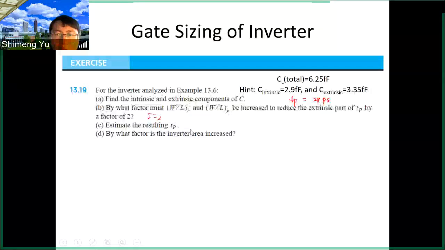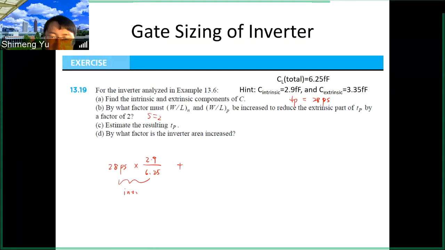So how do we approach this? First of all, this 28 picosecond has two components, intrinsic and extrinsic. So we need to break it up into the intrinsic and extrinsic. Out of this 28 picosecond, the intrinsic part is 2.9 femtofarad out of 6.25 femtofarad. This is the intrinsic part of the delay.